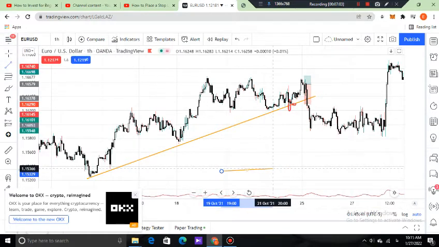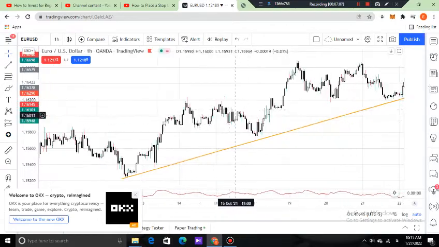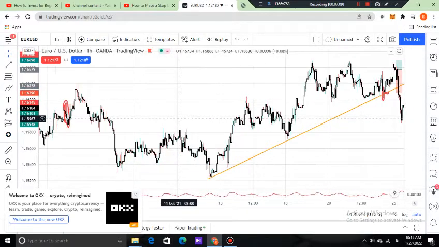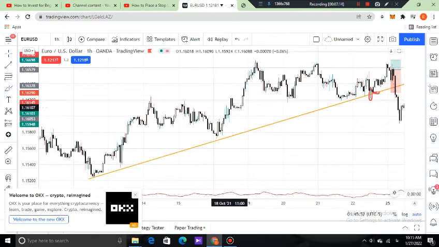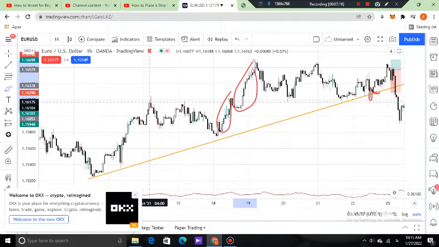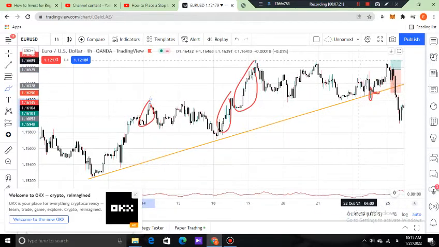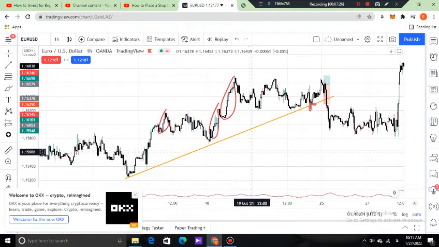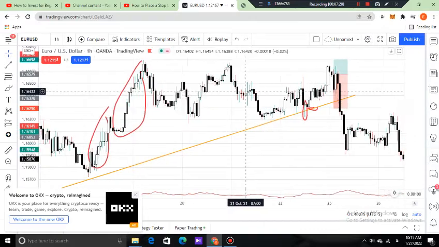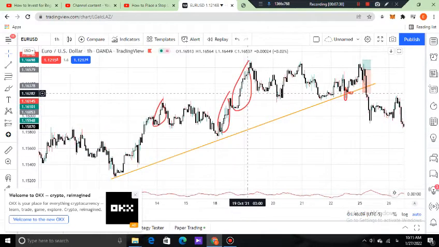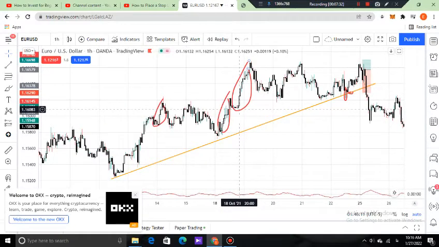So you might say, my stop hit, what should I do? Nothing. It's the essence of trading. You lose a few trades, it's not a big deal as long as you have a good risk to reward ratio and winning rate.